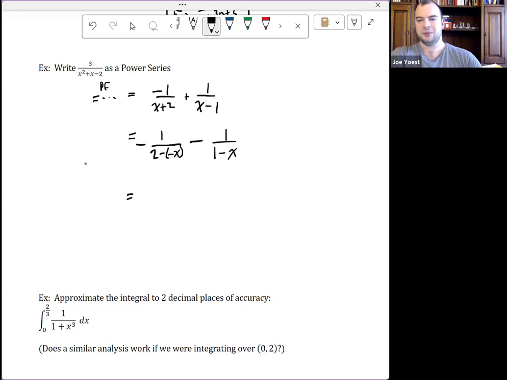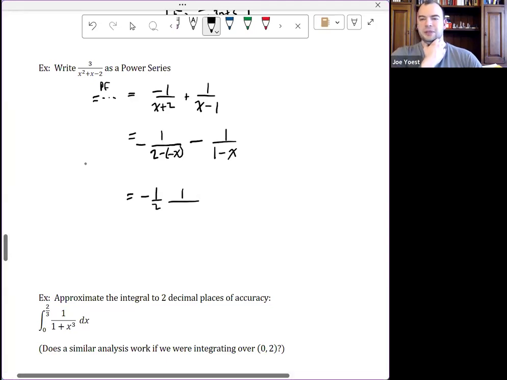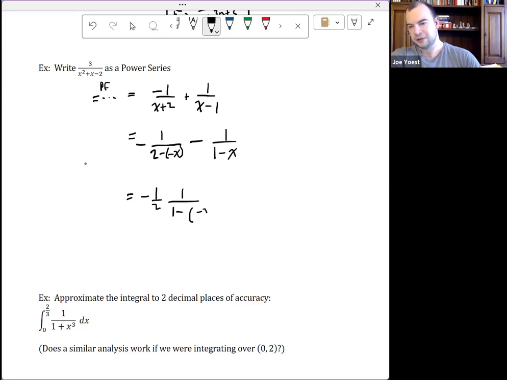And let's do just one more step. To get rid of this 2, we can divide top and bottom by 2. So multiplying by 1/2 on the top brings a 1/2 out front. Multiplying by it on the bottom gives me a 1 minus negative x over 2. And then minus 1 over 1 minus x.